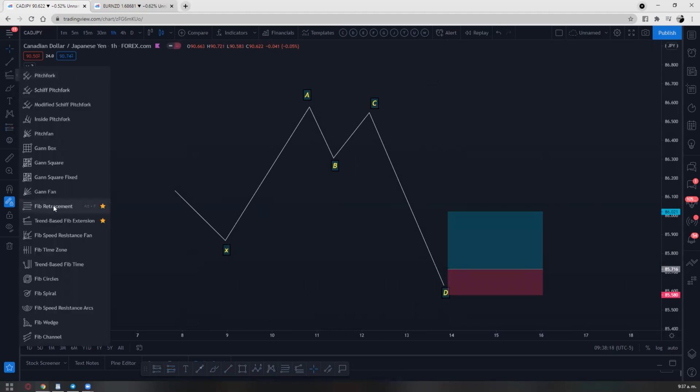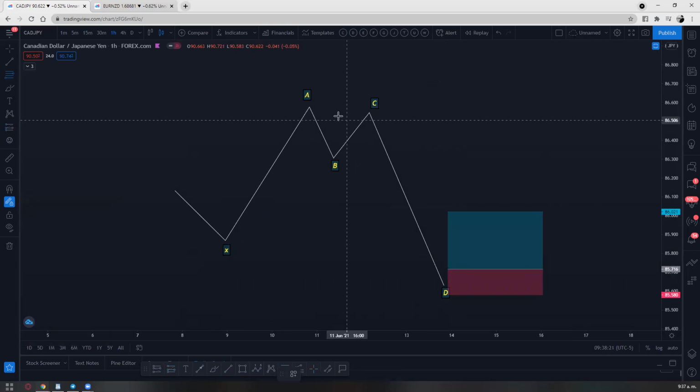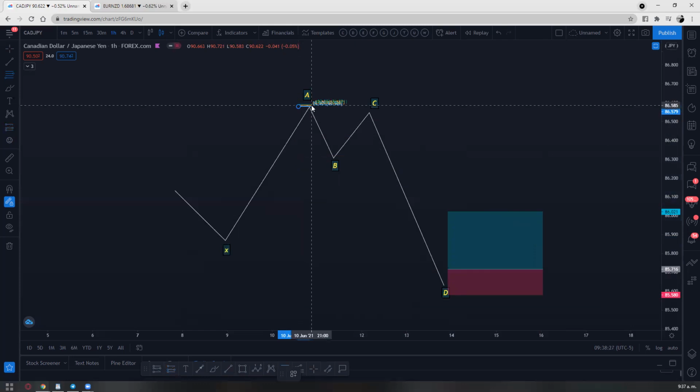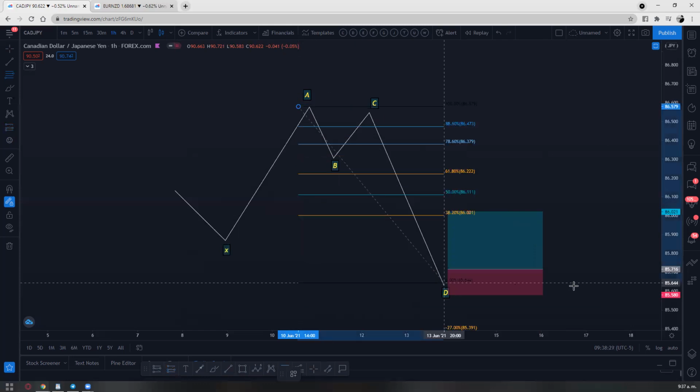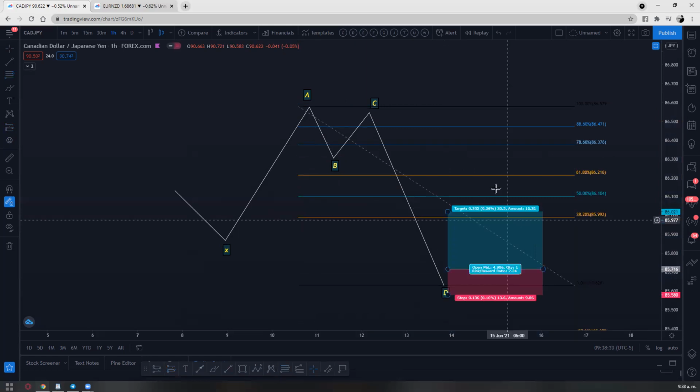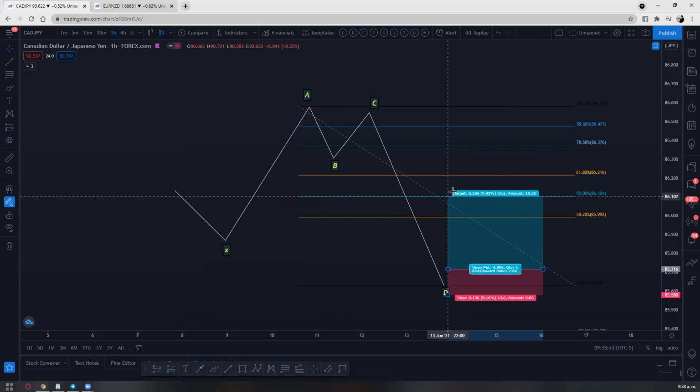All right, we're going to be using the Fibonacci retracement this time. And what I usually do, let me see if I remember this. Yeah, it's like this. I'm going to go from point A to point D. And then you have this zone right here, the golden zone, right? So your take profit should be right here, either the 38.20, the 50%, or the 61.8 on the Fibonacci, okay?